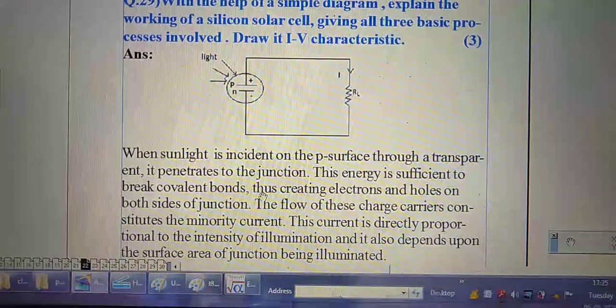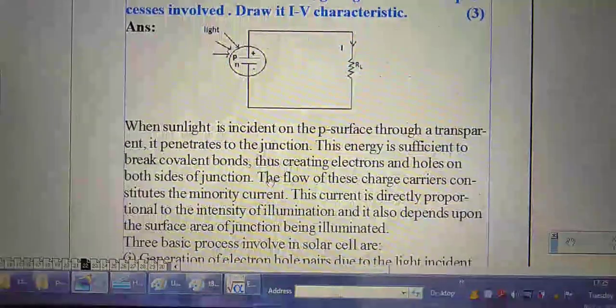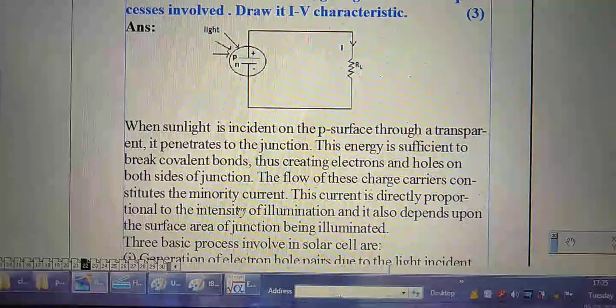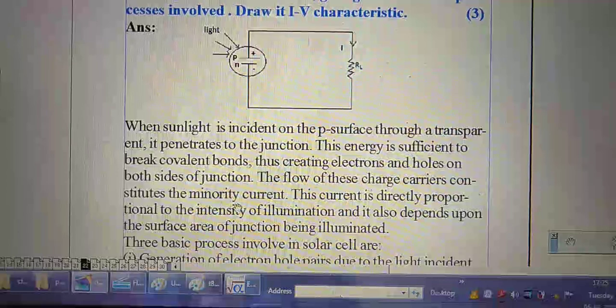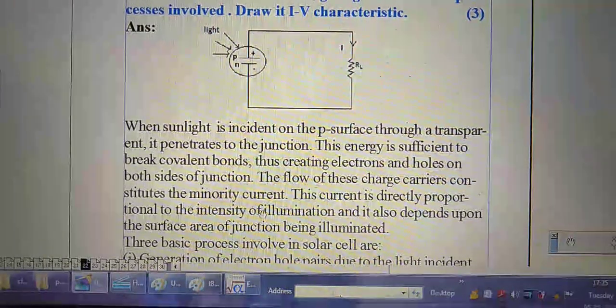These charge carriers constitute a small amount of current, called the minority current. This current is directly proportional to the intensity of incident light, and also depends upon the surface area of the junction on which light is incident.